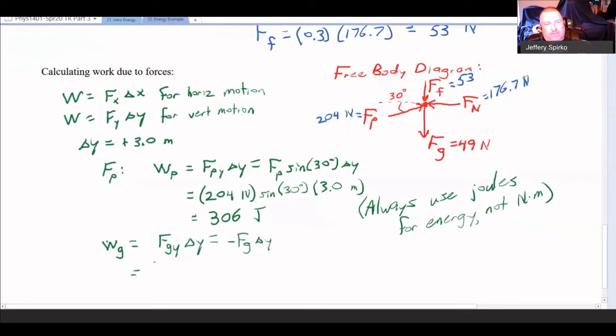And this was minus 49 newtons, 3.0 meters equals 49 times 3 equals 147 joules.